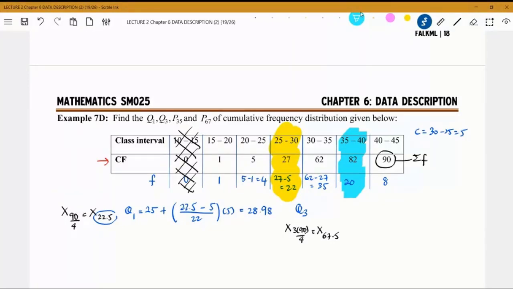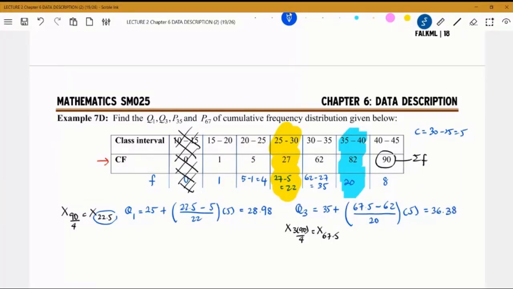Your lower boundary is obviously 35, plus 67.5 minus the cumulative class before, which is 62, divided by the frequency itself, 20, times 5. The value here will be 36.38.